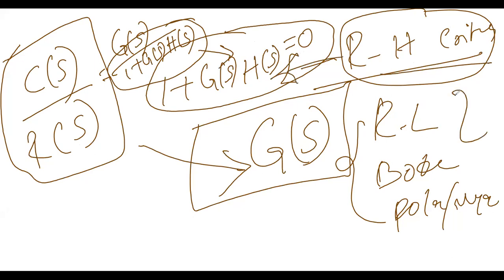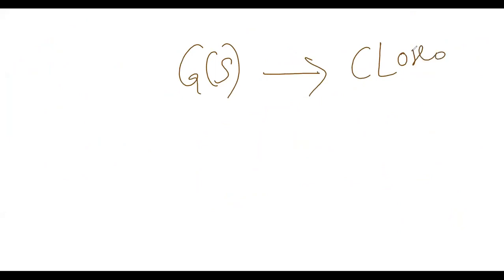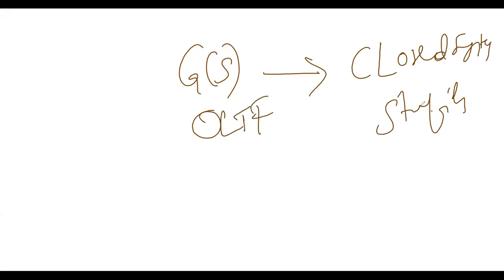To plot these plots, the open loop transfer function is sufficient. With the help of open loop transfer function, we are finding the closed loop system stability, with the help of root locus, Bode, polar, and Nyquist plot.